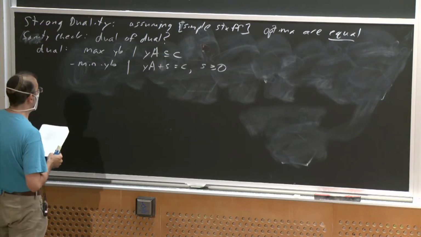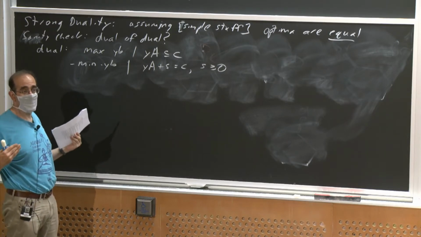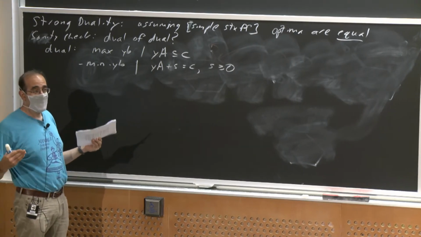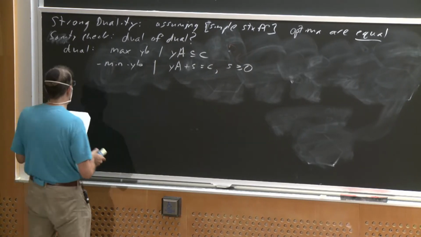And then, in order to have the y greater than or equal to 0 constraint, we had to split into the positive and negative parts of the variables.